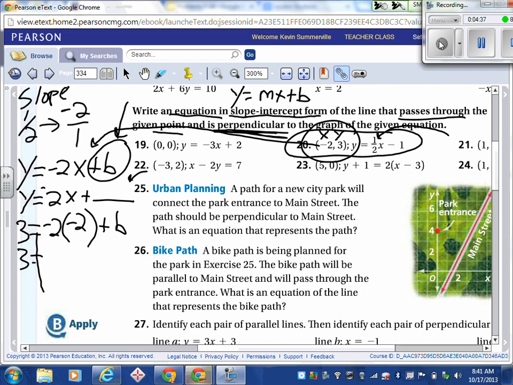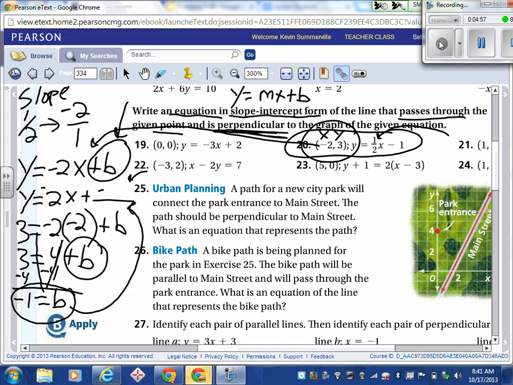I have 3 equals negative 2 times negative 2 is 4, plus b. Solve for b. So that means I minus 4 from both sides, and I get negative 1 equals b. So I take this number and put it into my blank and get negative 1.